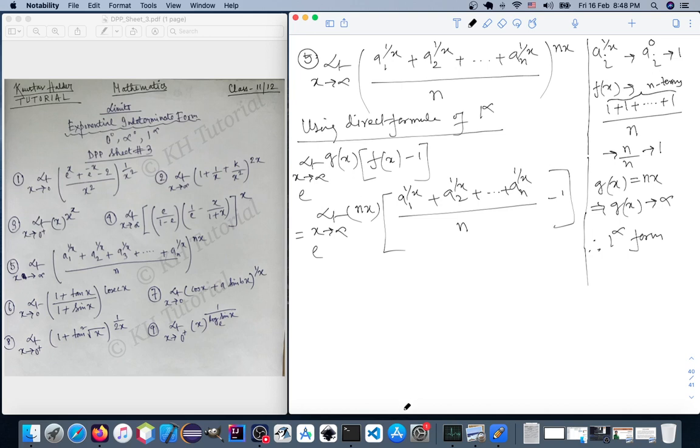Okay, so this becomes e to the power limit x tending to infinity nx.